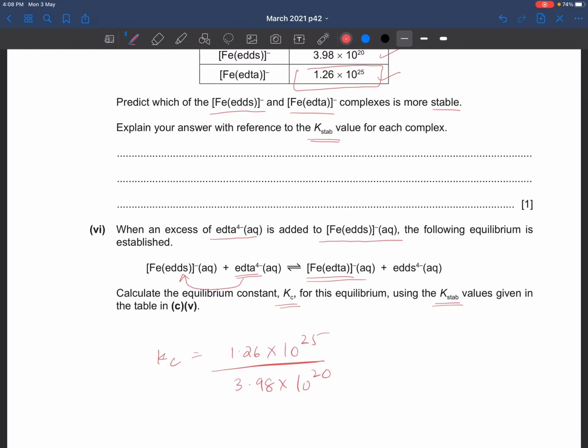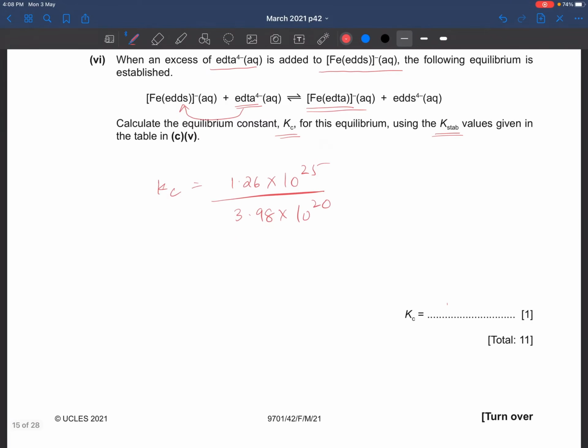So the answer is 3.16 times 10 to the power 4.